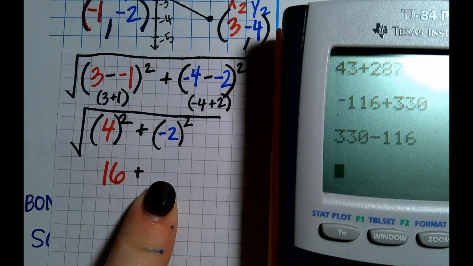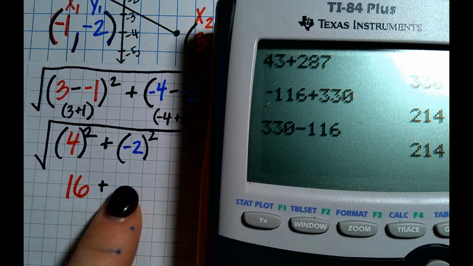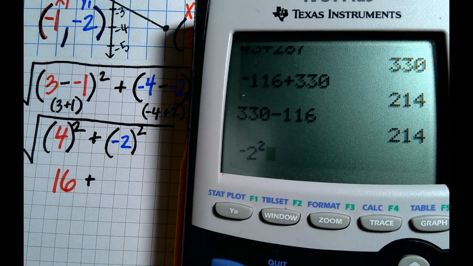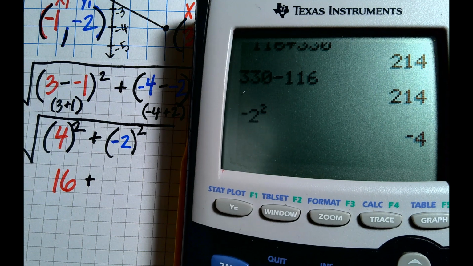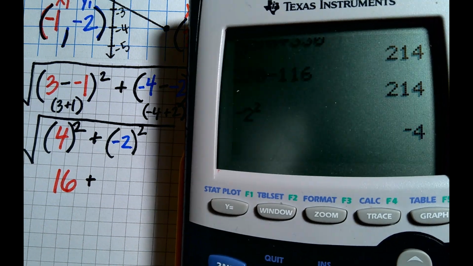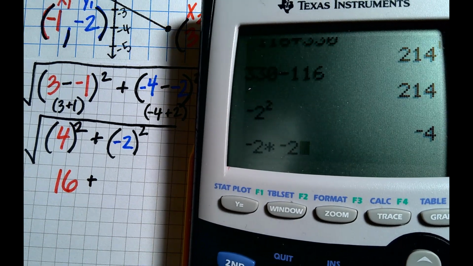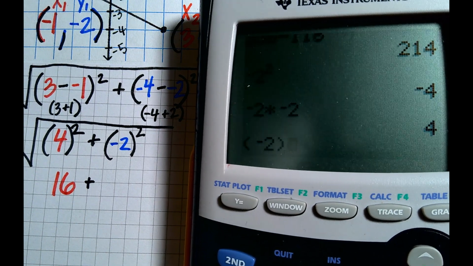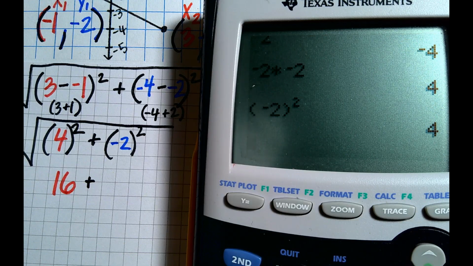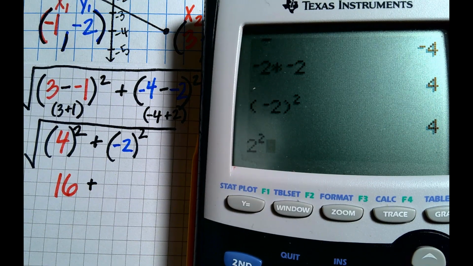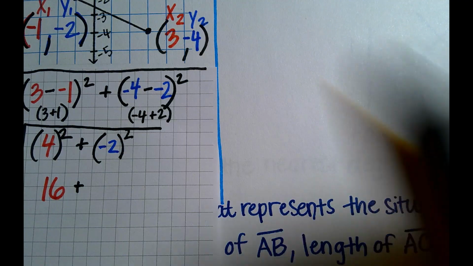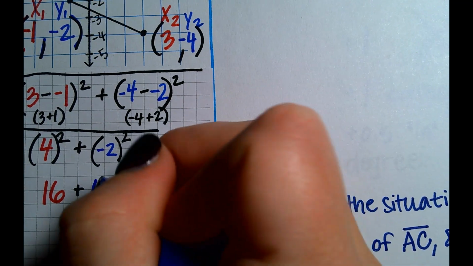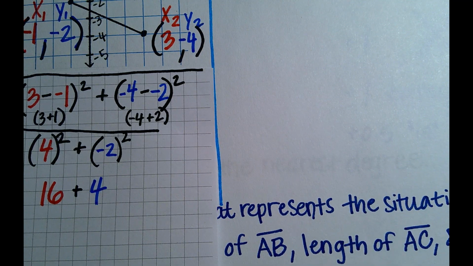Anytime that you are typing in a negative number squared, negative 2 squared, it's going to give you the wrong answer. It's always going to be better to either do negative 2 times negative 2, or to type parenthesis negative 2 parenthesis square, or to just do 2 squared. Because a negative times a negative is a positive. So I have 16 plus 4 under the square root.